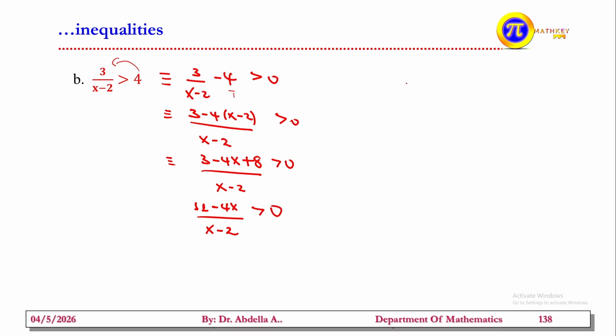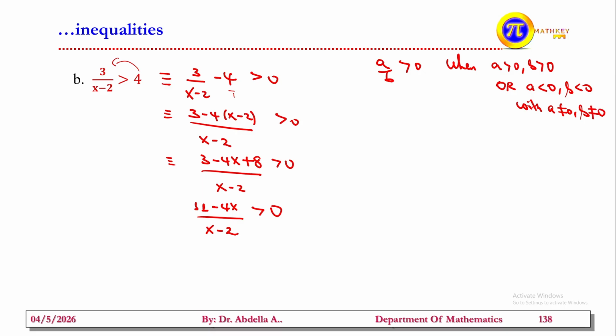We are familiar that a over b is greater than 0 when a is greater than 0 and b is greater than 0 at the same time, or a is less than 0 and b is less than 0 at the same time, with a different from 0 as well as b different from 0.